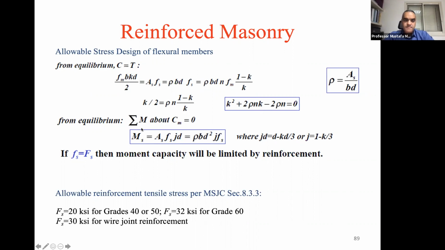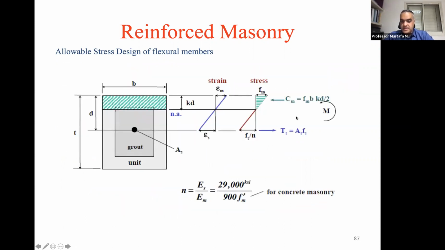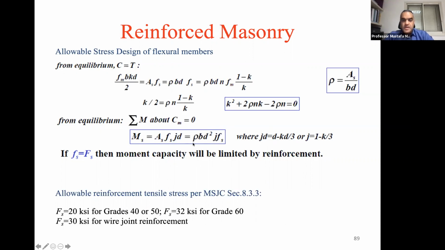So once we know K, we can find the moment, of course. Take moment about C sub M equals 0, the centroid of the masonry forces. So that's A S times F S times JD. JD is the distance between these two forces, T and C. So if you substitute for A S rho times BD, then here we have JD is equal to D minus KD over 3.